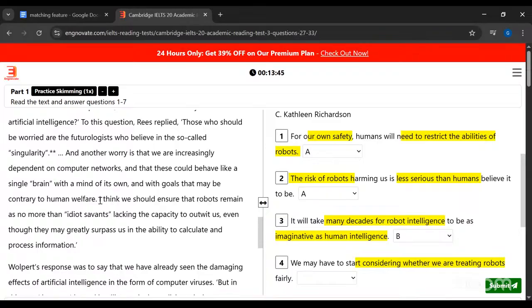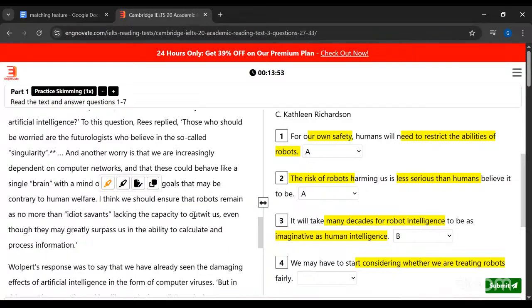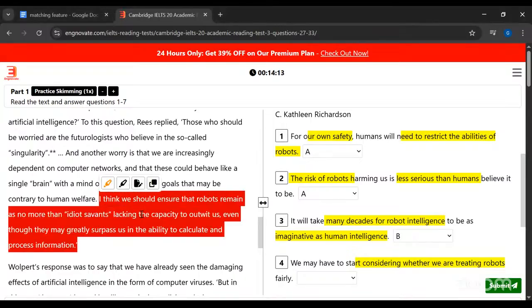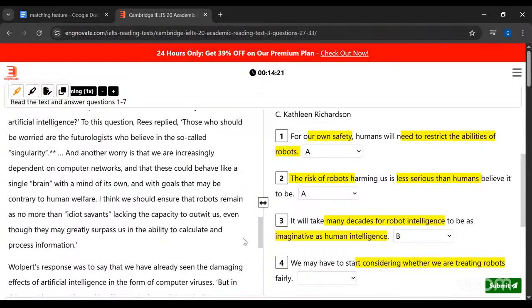What do you think? I think it is saying that we should do advancements in the robots. Yeah. Any other one want to share a perspective? I think it's saying that they are idiot savants, which means they would be limited.